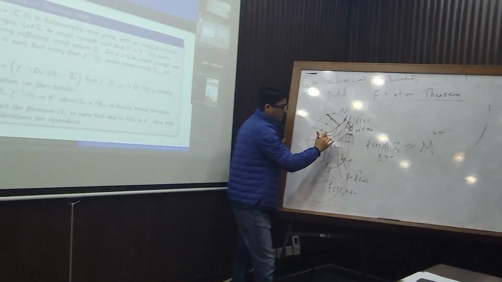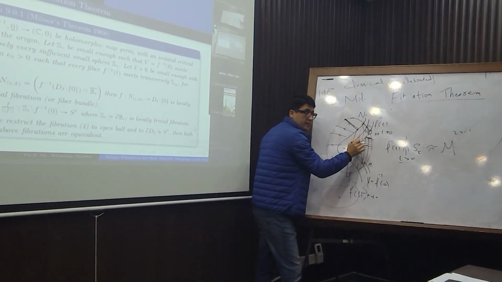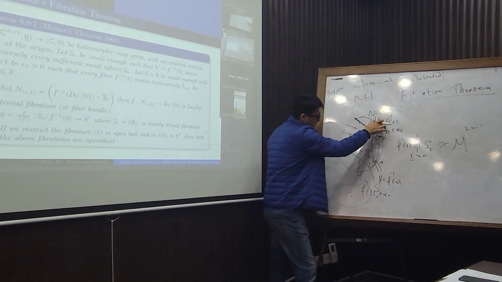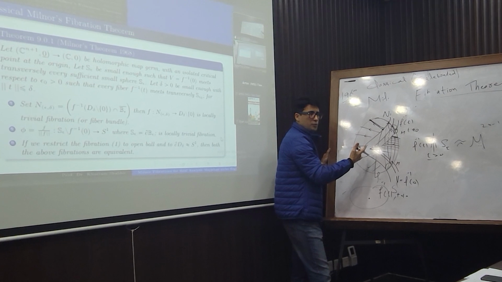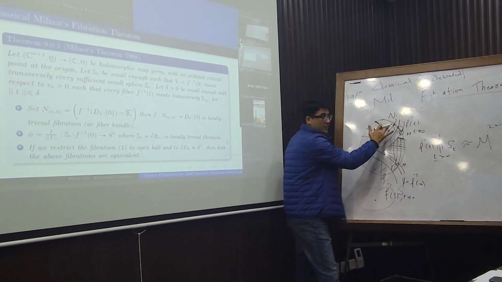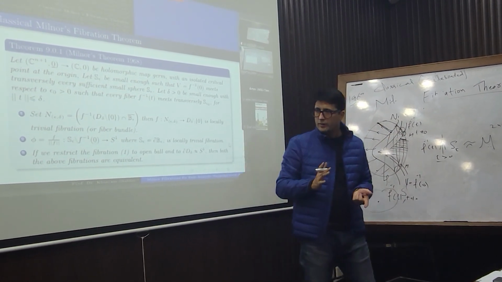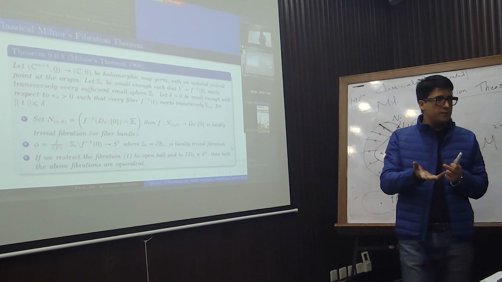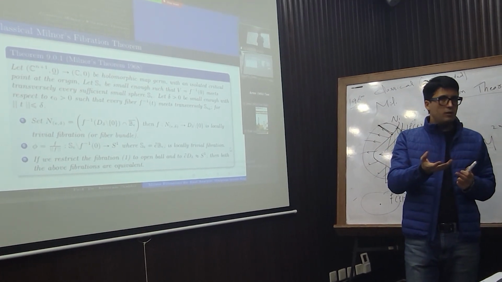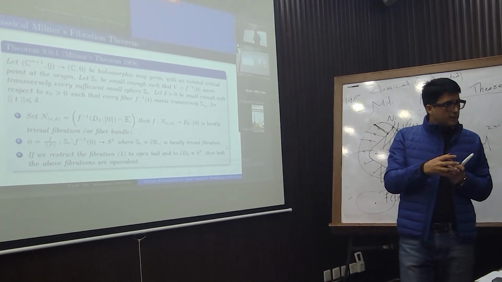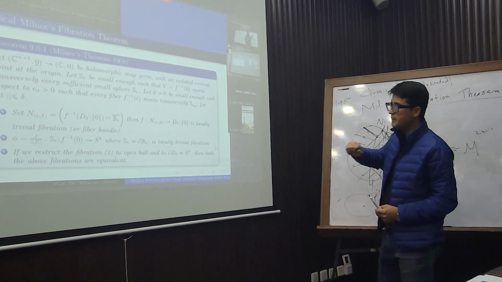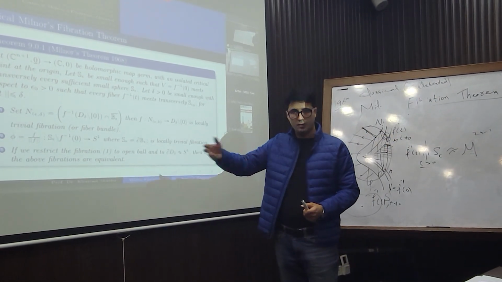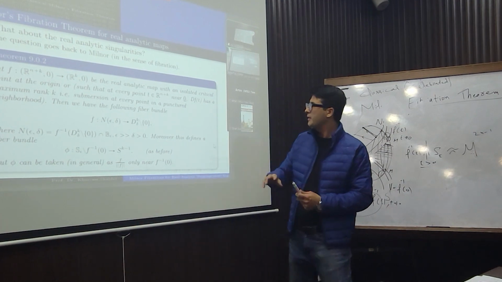Transversality is there, one-to-one and onto is there, so the tube and the projection of the tube over this sphere are all diffeomorphic. Since they are diffeomorphic, they have the same homotopy type. So then you can extend this fibration from the tube to the sphere, and these two fibrations are equivalent, right? Next.